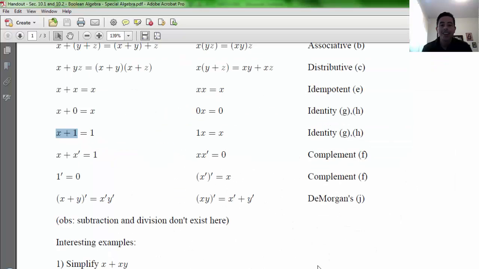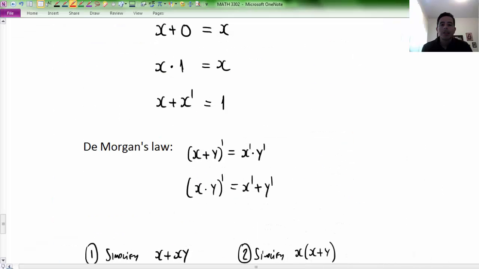Now I said negative, but remember, in Boolean algebra, there's no such thing as negative numbers or negative things. There's no subtraction here either. There's no division, okay? Because this is not arithmetic. But De Morgan's law reminds us of this property that you're familiar with from arithmetic.